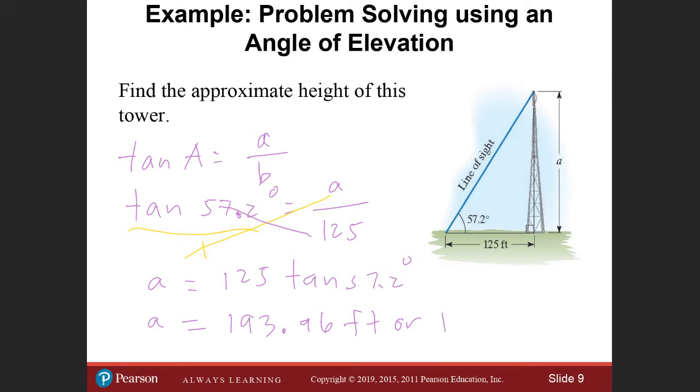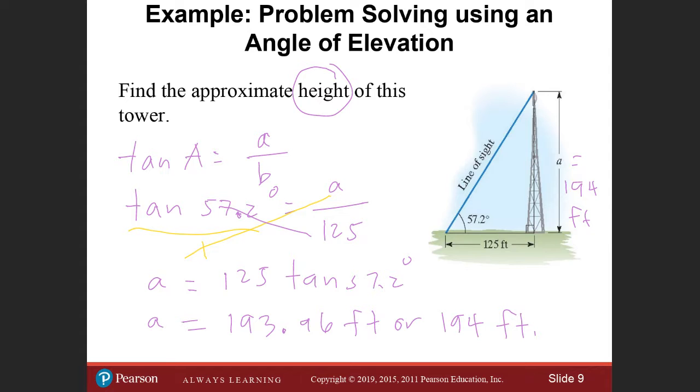It's 194 feet. So that would be the unit. That would be the height. That's 194, the height of the tower. And that's what the problem is asking for us.